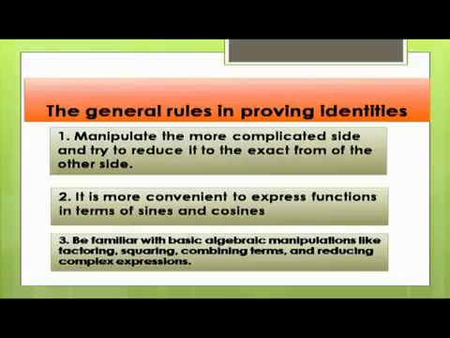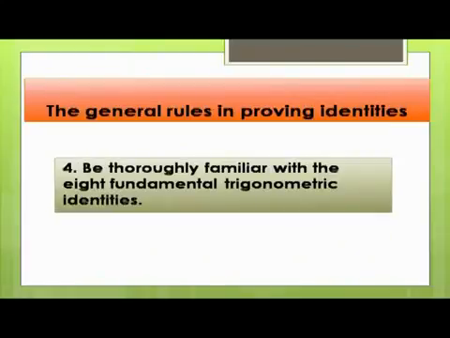It is more convenient to express functions in terms of sines and cosines. Number 3, be familiar with basic algebraic manipulations like factoring, squaring, combining terms, and reducing complex expressions. And the last one, be thoroughly familiar with the 8 fundamental trigonometric identities.